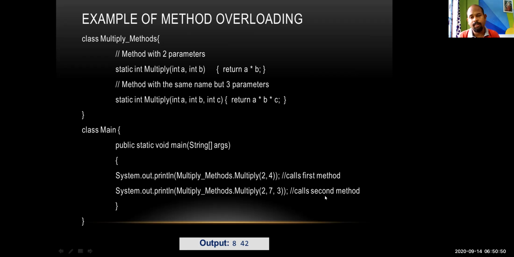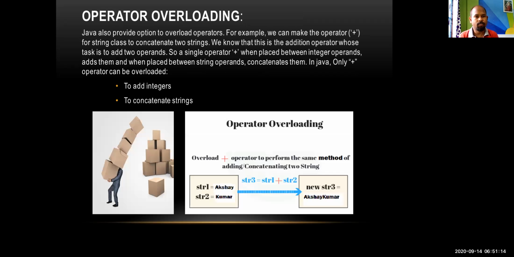So the second method will be called in this line. Ultimately the result will be 2 into 7 into 3, that means 14 into 3, 42. So this is one simple method overloading example. You can see the output in the link I have shared earlier.